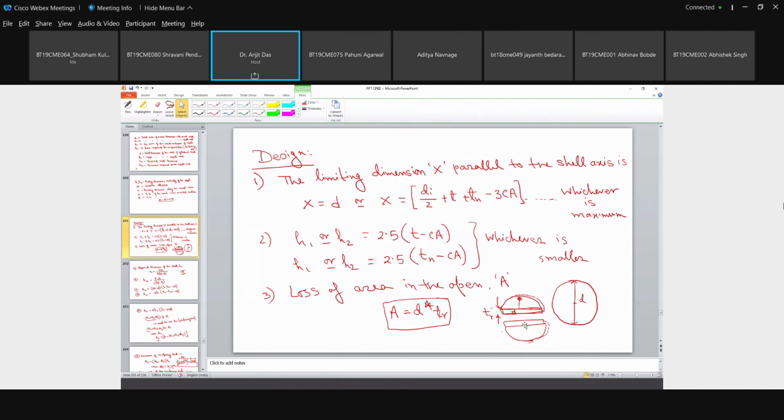So that is the D into TR. It is easy to understand. So you see here, that is the thickness of the circular shell wall, and it is the D.